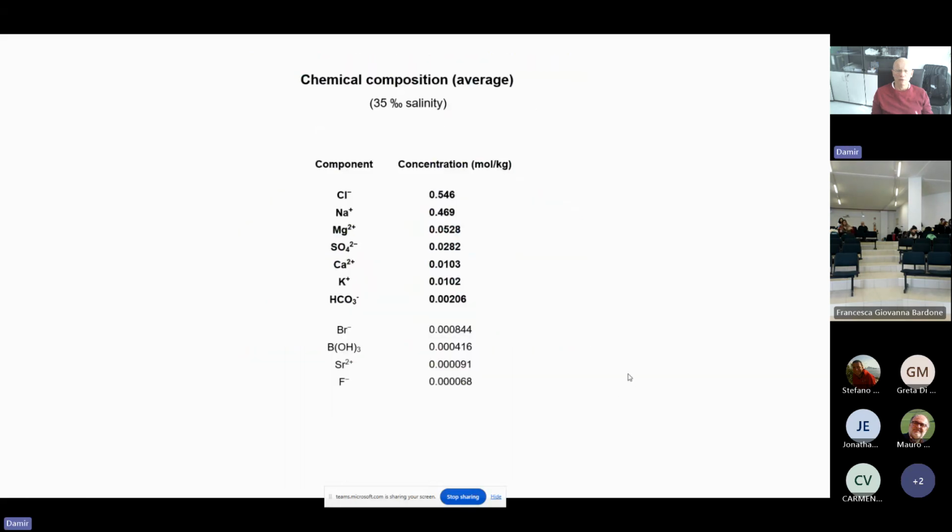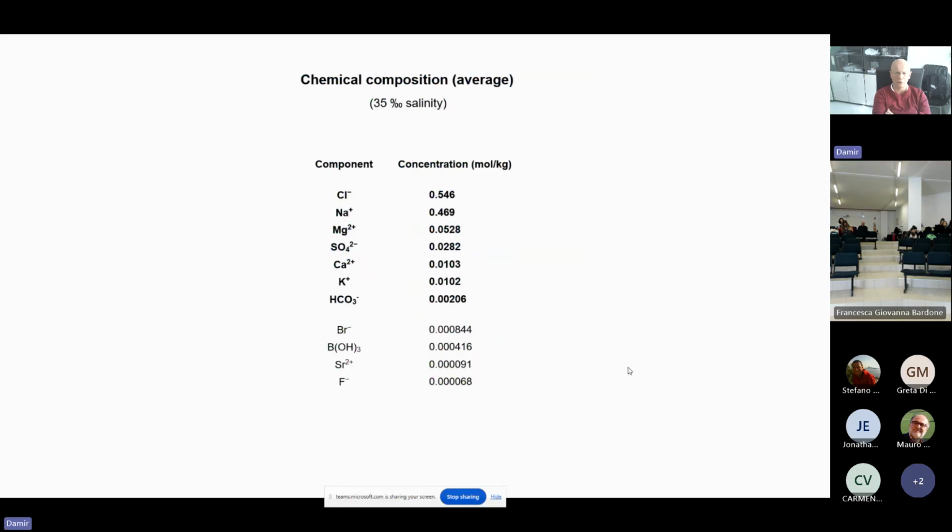At 35 salinity, which is the average salinity of seawater, many components can be found. The major components in seawater are chloride and sodium, magnesium, sulfate, calcium, potassium, and hydrocarbonate, and there are also a lot of species at much lower concentrations.